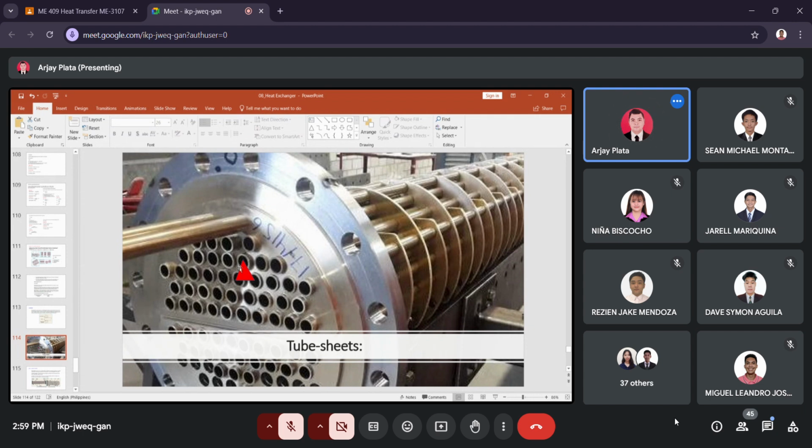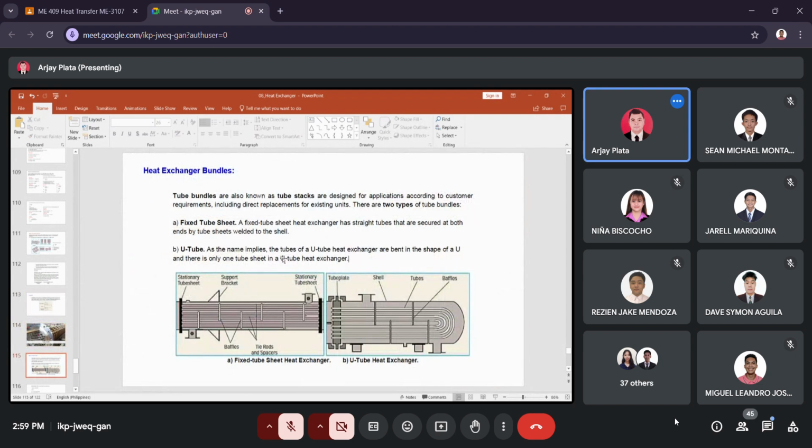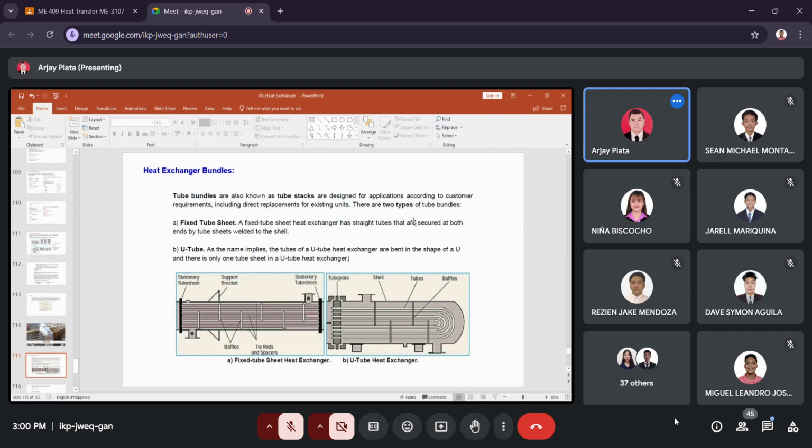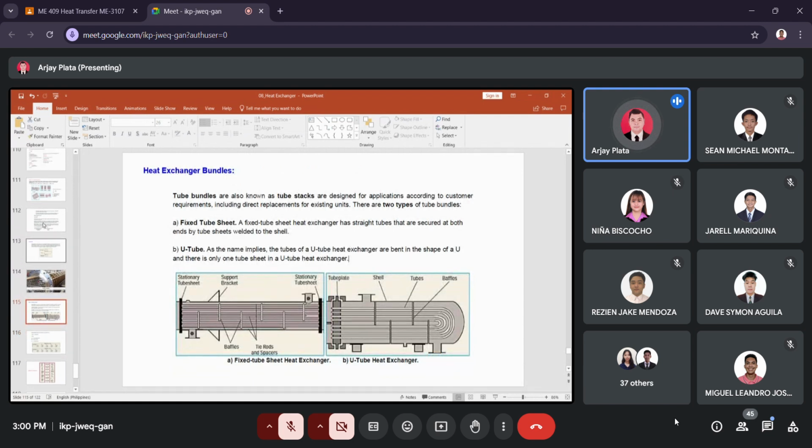So these are bundles. Bundles include the tube sheet, the tubes, and the baffles, as well as the tie rods. Okay, so that's for the parts of the shell and tube heat exchanger.